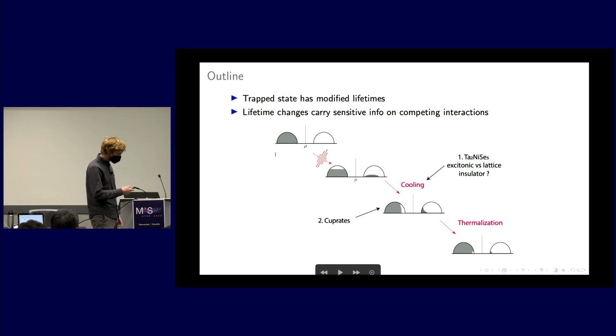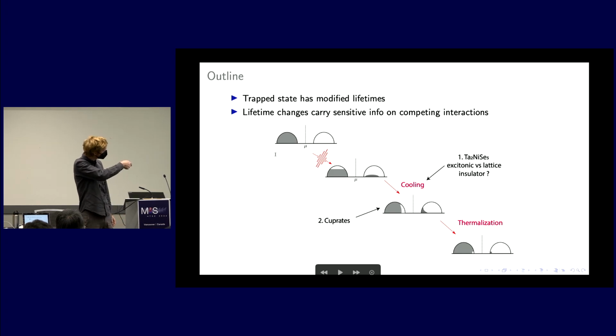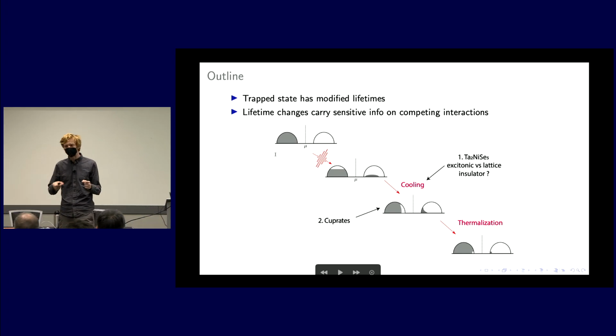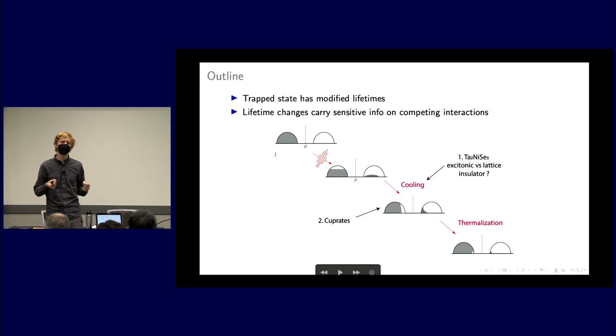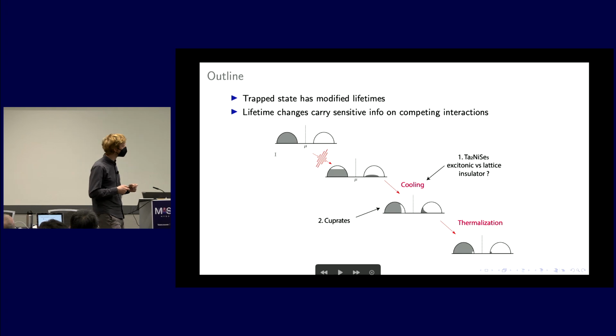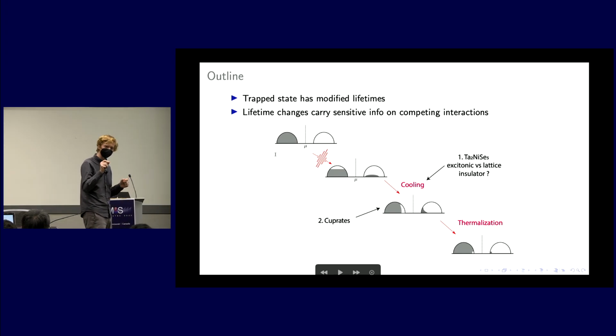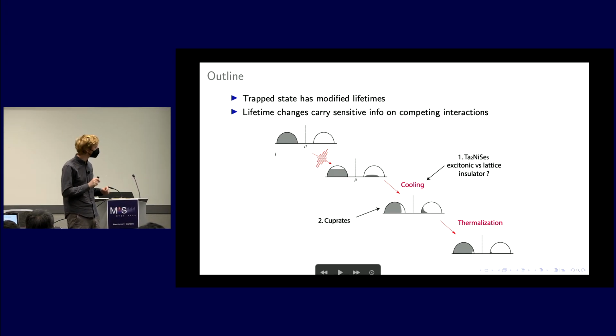And now I want to focus on this cooled state, and ask how the properties of quasi-particles change after the photoexcitation. I'll show you on two examples that if we focus on the changes in the lifetime, we can learn a lot about microscopic interactions.